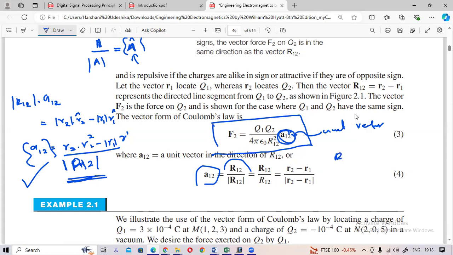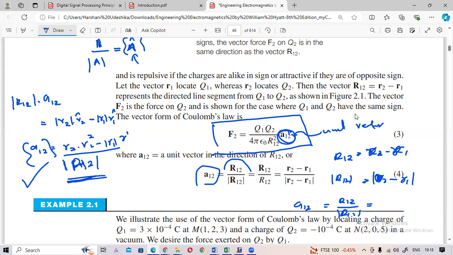So here we get that R12 is equal to R2 minus R1. So here, simple R2 minus simple R1. If we get R12 magnitude, that is equal to the magnitude of simple R2 minus R1. That is the equation. So if you want to find the R12 unit vector, that means you have to find R12 divided by R12 magnitude. Then you will get A12.